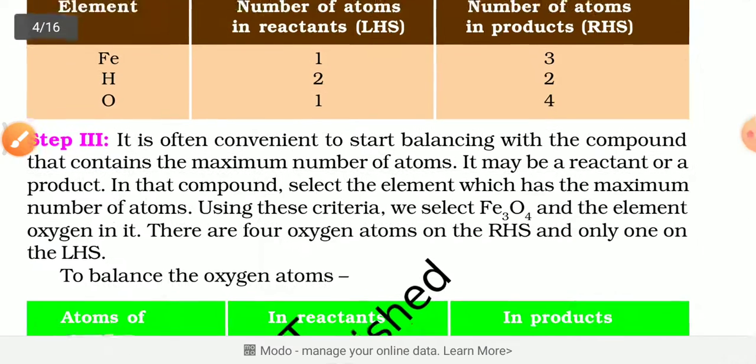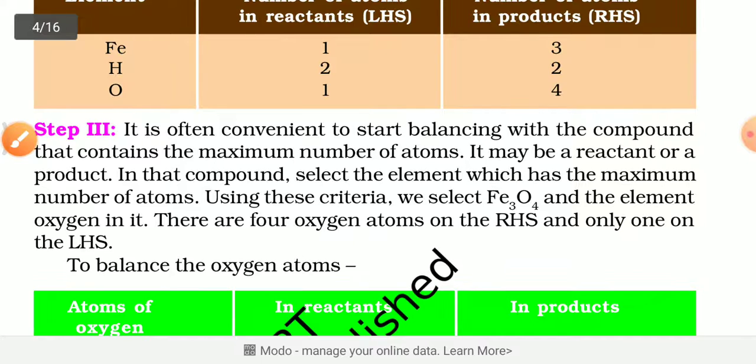It may be a reactant or a product, meaning the compound is present either on the left hand side or the right hand side. In that compound, select the element which has the maximum number of atoms. Using this criterion, we select Fe3O4 and the element oxygen in it. There are 4 oxygen atoms on the right hand side, only 1 on the left hand side.